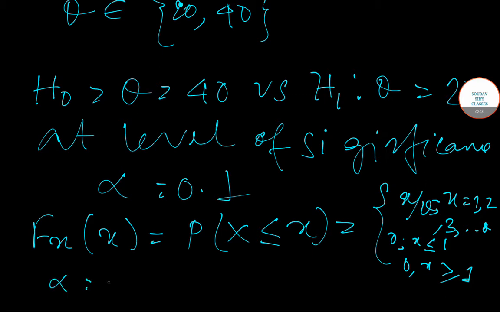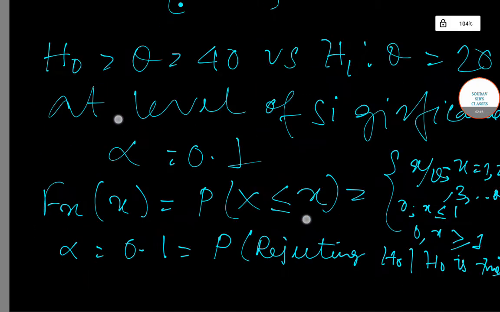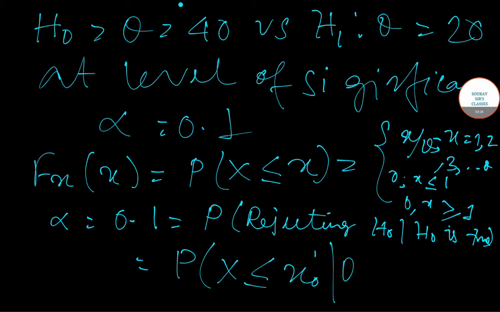Now alpha is equal to 0.1, which is equal to the probability of rejecting H0 when H0 is true. That equals the probability of X less than or equal to x0 given theta is equal to 40.